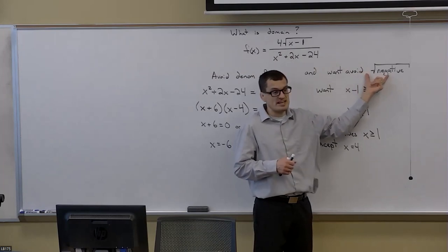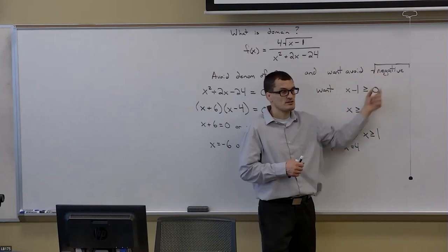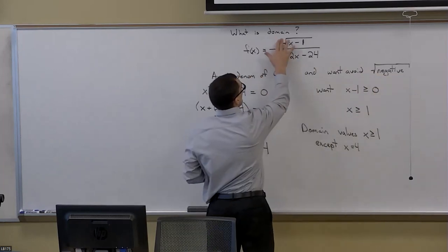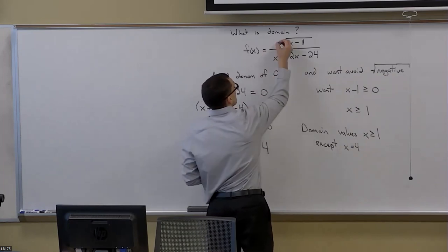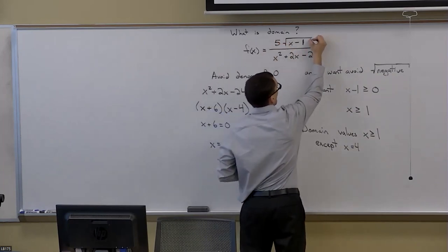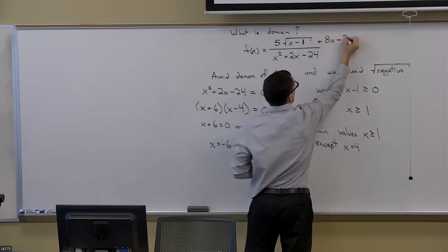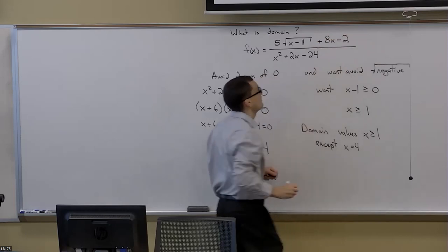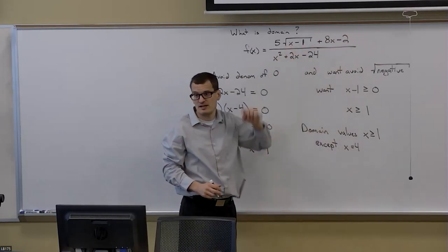So the square root of the negative, we only really care what happens underneath the square root. So if this were, let's say, square root of x minus 1, times 5 out there, and then plus 8x minus 2 up there. Really, the only troublesome spot would happen with the square root of the x minus 1.